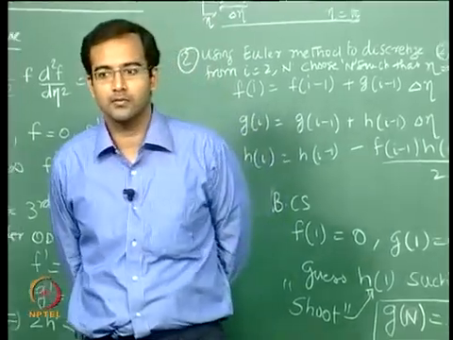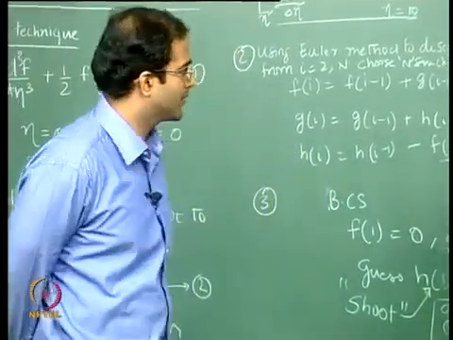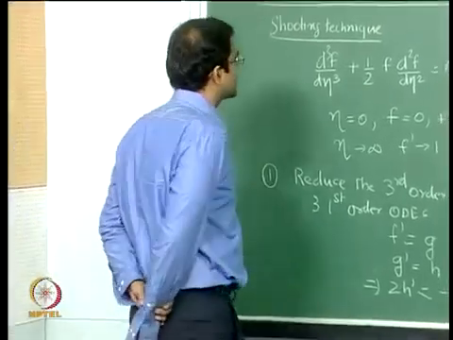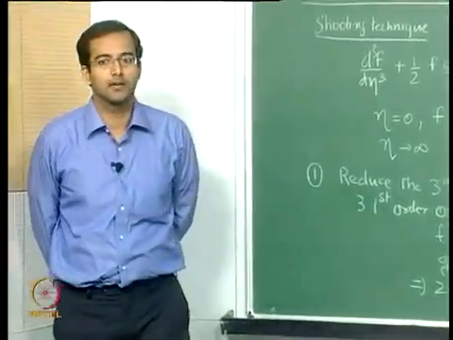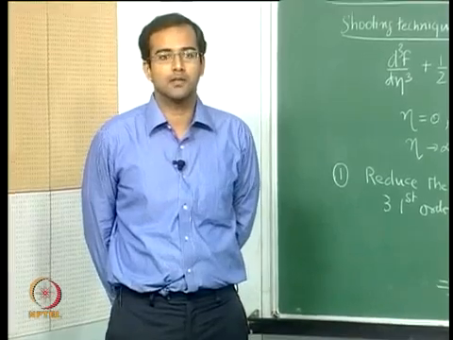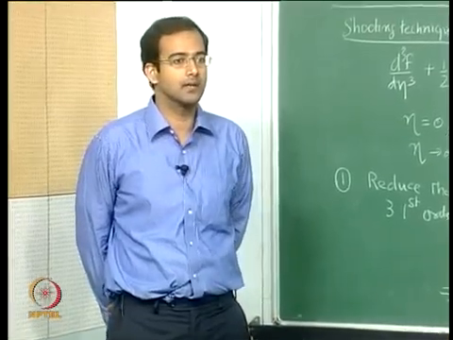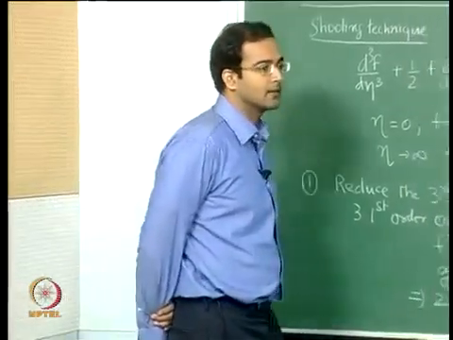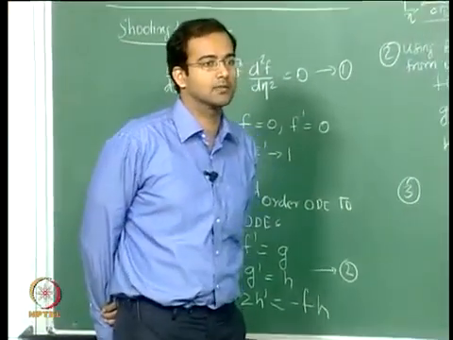Good morning all of you. In the last class we derived the Blasius similarity solution. I hope all of you can recollect how we derived it. Based on the similarity variables, we reduced the PDE to an ODE, and we also saw the way Blasius did the solution.